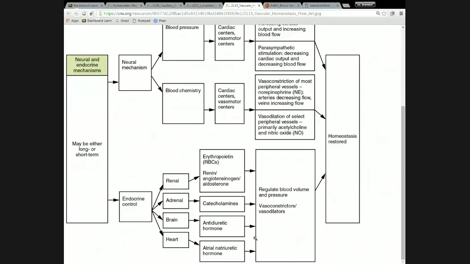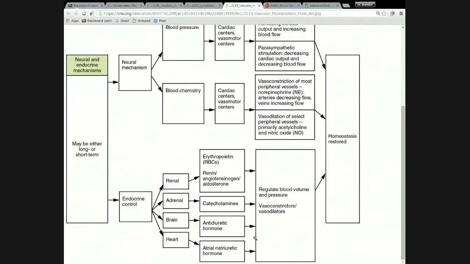Atrial natriuretic peptide or hormone is ANP or ANH. And then there's a BNP. So there's an A and a B. What the B stands for isn't important. But basically when the heart wall stretches out too much because blood pressure is high, the heart releases its own hormones that will decrease blood volume and therefore blood pressure and help to regulate things.